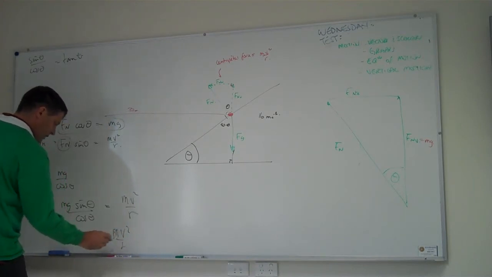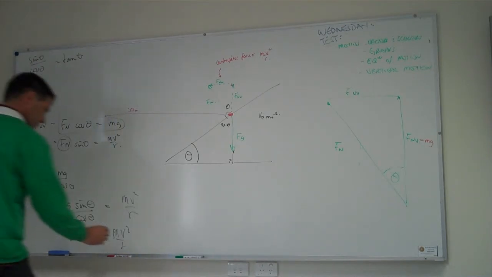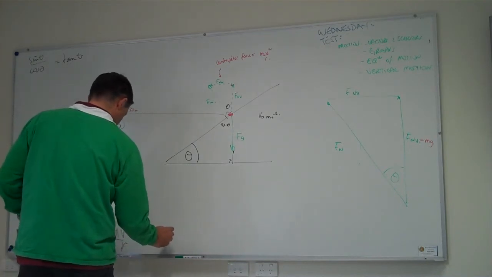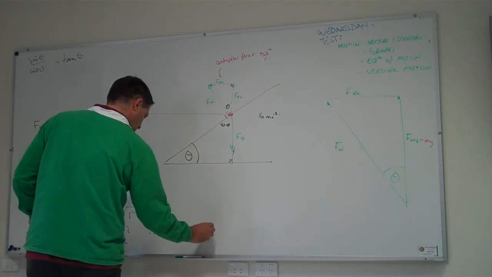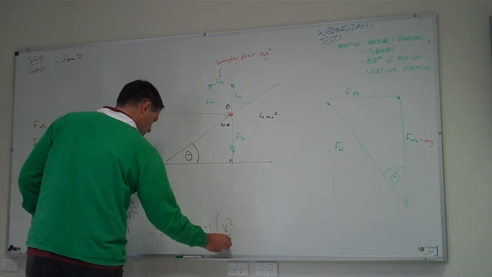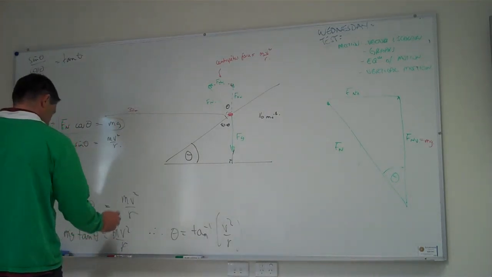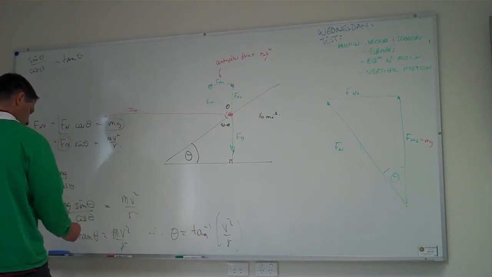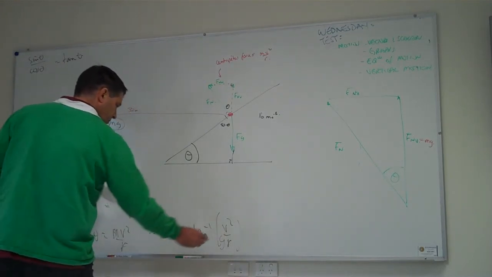Now we can cancel out the m's. We get tan theta equals v squared on g r, so that should be a g in there as well. Therefore, if you want to find out what theta is, you're going to have tan minus 1 of v squared on g r.